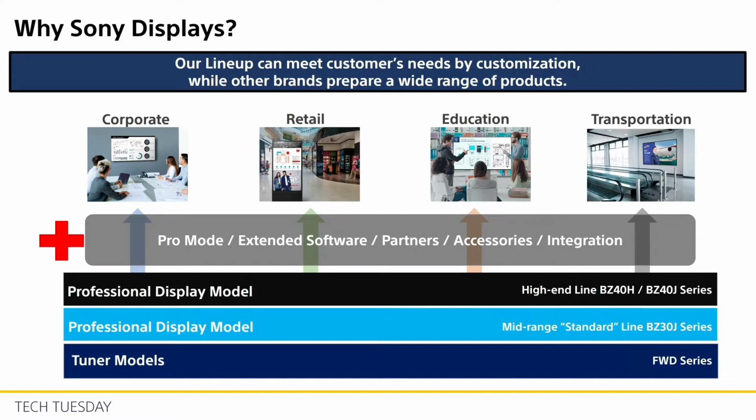But the ability to add our Pro Mode operation, the extended software that's available either through Sony or through our partners, the accessories and the partners that we have on the accessory side, and then our integration partners, we're able to address these target vertical markets and many more. But these are some of the key markets that we try to address.